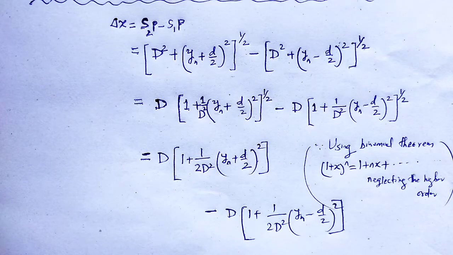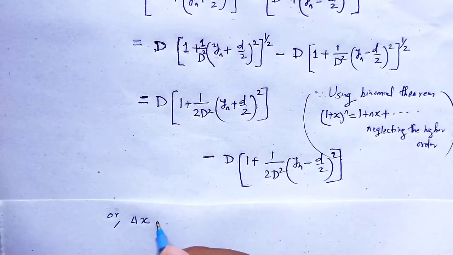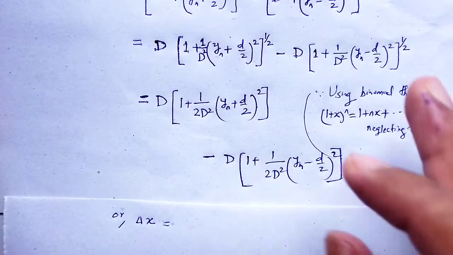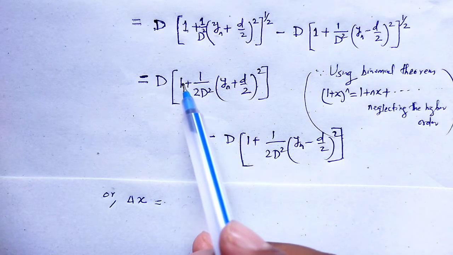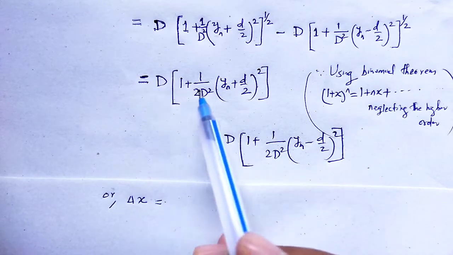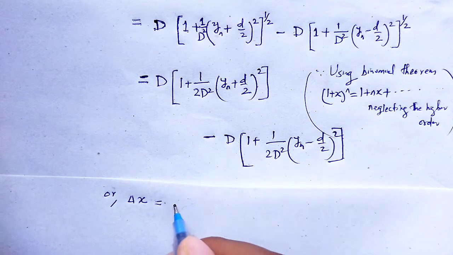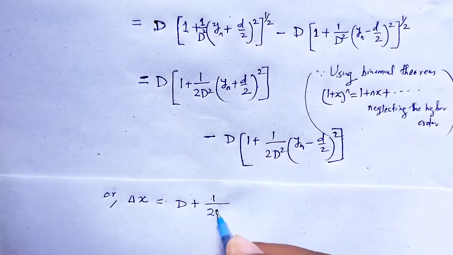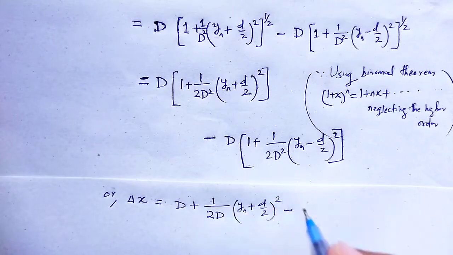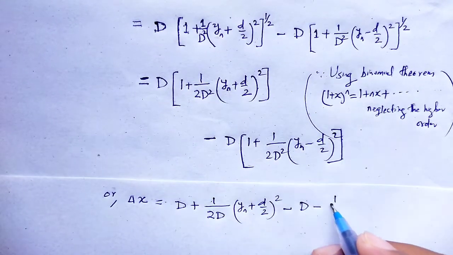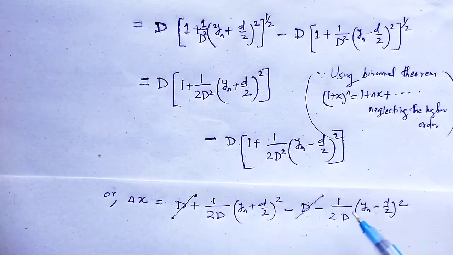Or del x is equal to, here d is multiplied, so inside the bracket d plus 1 by 2d yn plus d by 2 whole square, again d is multiplied, d minus 1 by 2d yn minus d by 2 whole square, and d minus d cancel out.